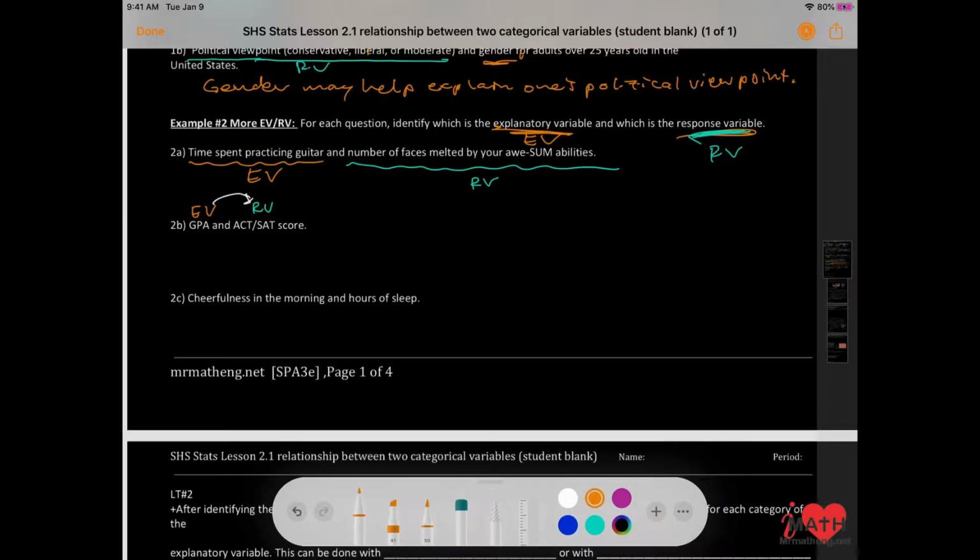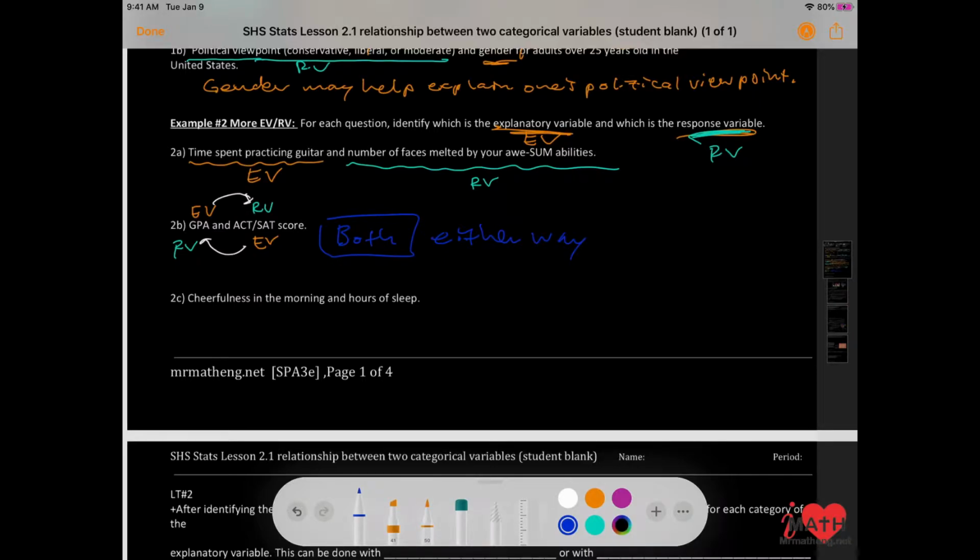But it can also happen where maybe you're just a good test taker and that helps you get good grades in school. So the answer for this one is both. It can go either way.